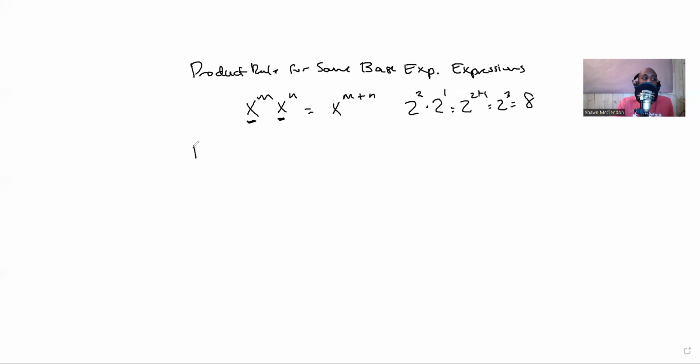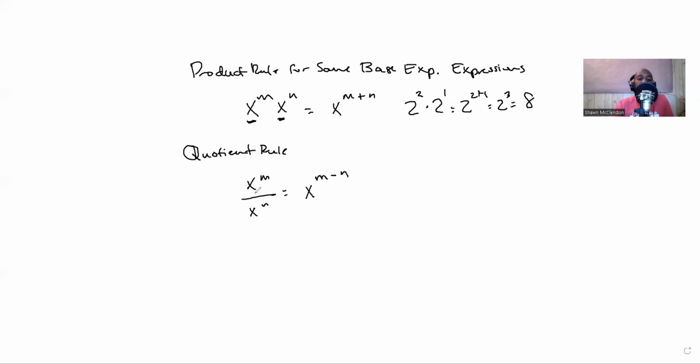All right, let's do the quotient rule for same base exponential expressions. So basically, if you have x to the m divided by x to the n, that is equal to x to the m minus n. Okay. So let's use the same number here.